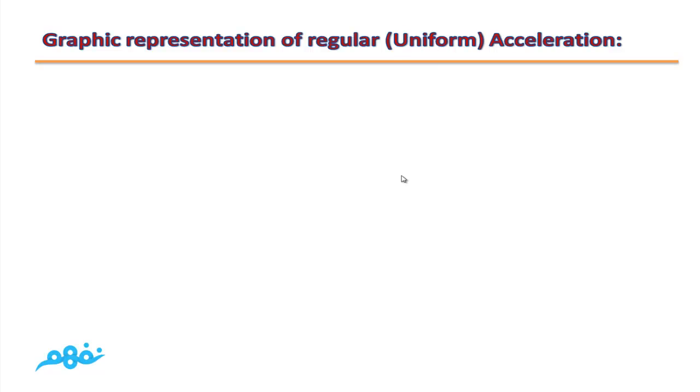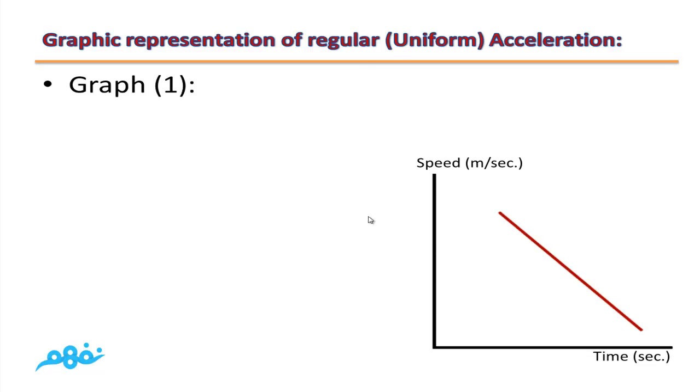Graphic representation of regular or uniform acceleration. We just talked about the graphic representation of uniform speed, and we studied 3 graphs. We will do the same for uniform acceleration, and we will also study 3 other graphs. The first graph is represented by speed in meters per second on the y-axis and, as usual, time in seconds on the x-axis.